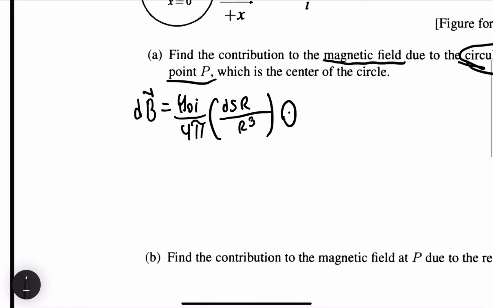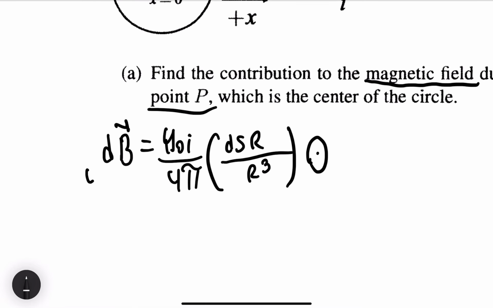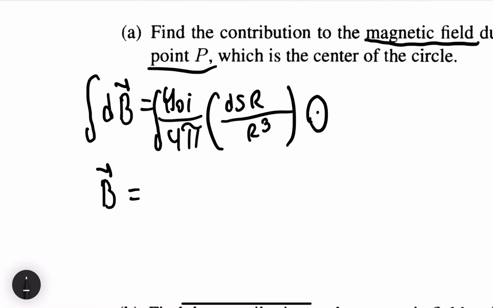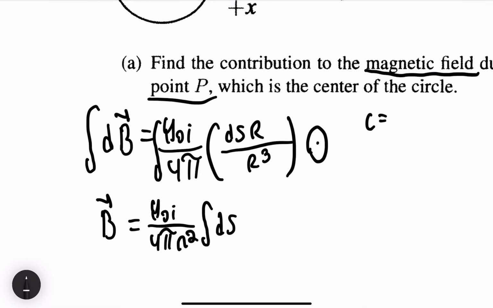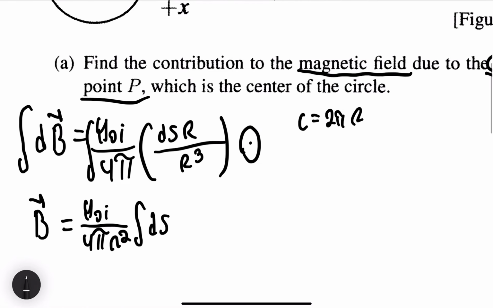Now to find the magnetic field, I have to integrate both sides. I can pull out the constants, so it's mu naught I over 4 pi, r divided by r cubed is r squared, and then the integral of ds, where ds is the length, and this is a full circle, so that's just the circumference, 2 pi r.